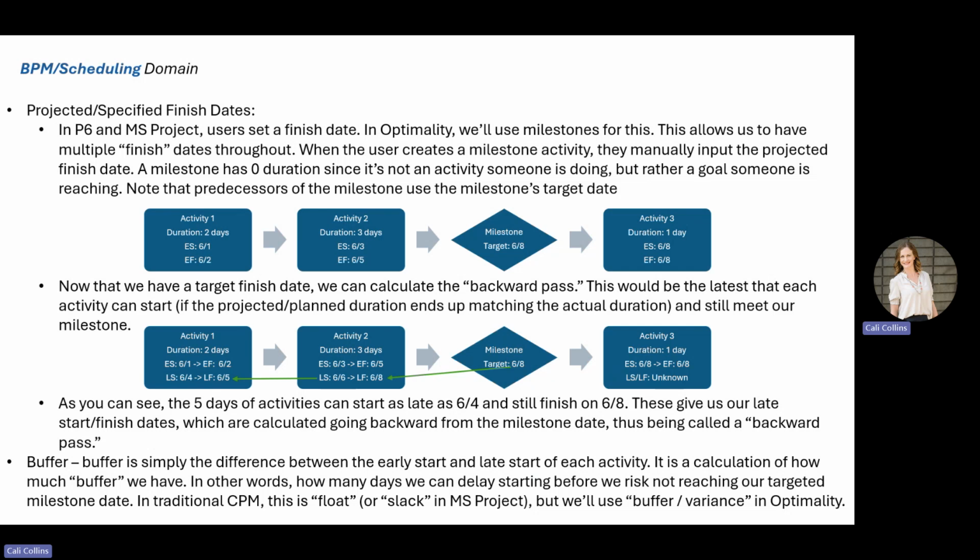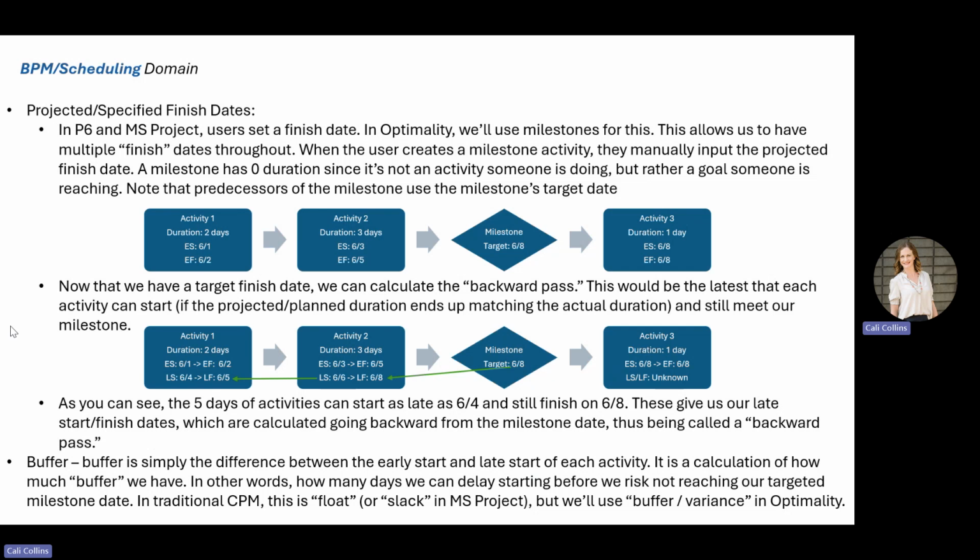You have a field to input your target date, the date that you hope that milestone finishes, or are targeting for it to finish. A milestone has 0 duration because it's not an activity that someone is doing, but rather a goal that someone is reaching. Note that predecessors of milestones use that milestone's target date.